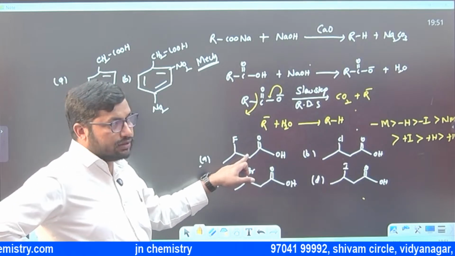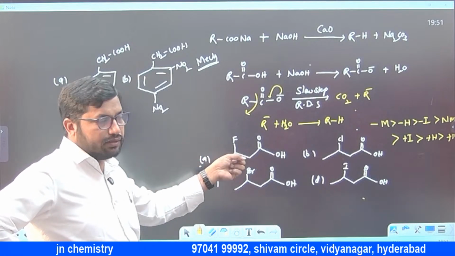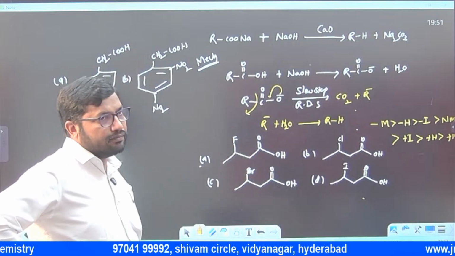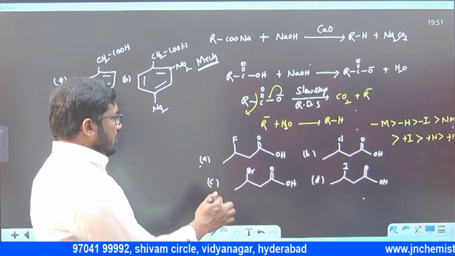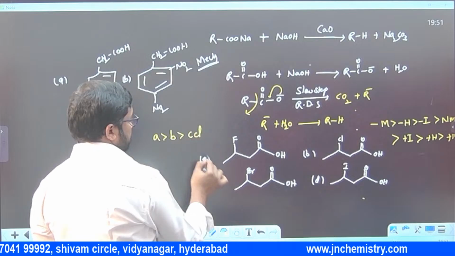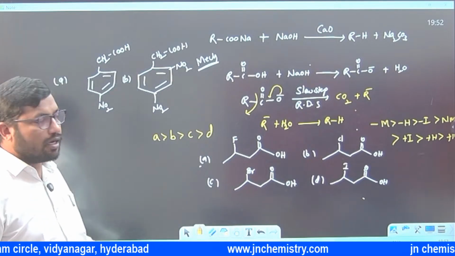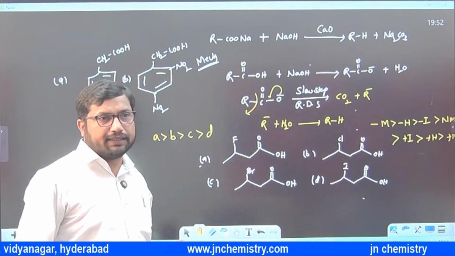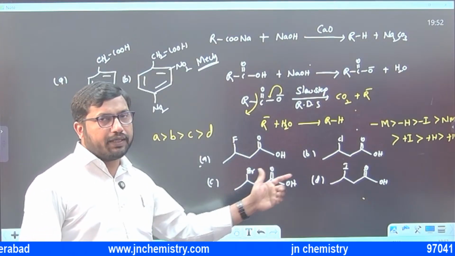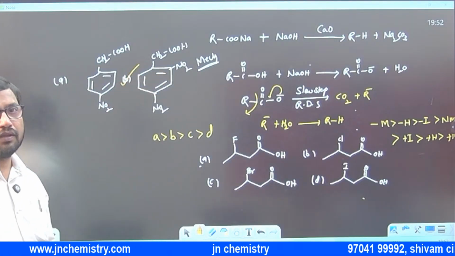We'll get the negative charge here. Negative charge, more electronegative, right? So which is more electronegative? Inductive effect. A, B, C, D. Carbanion is more stabilized by the more electronegative. Fluorine is more electronegative than chlorine, bromine, iodine. In this case, B. Okay?